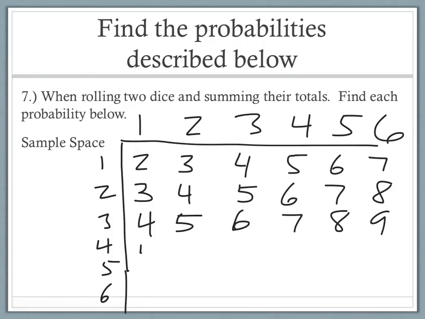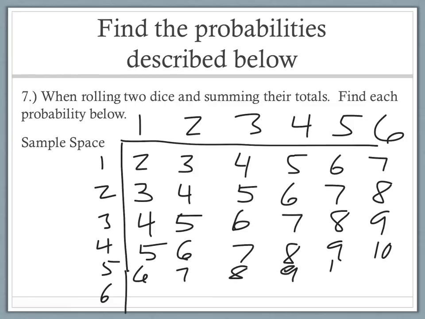And last but not least, 7, 8, 9, 10, 11, 12. Those are all my possible outcomes, okay? This is going to come in handy in the next slide.